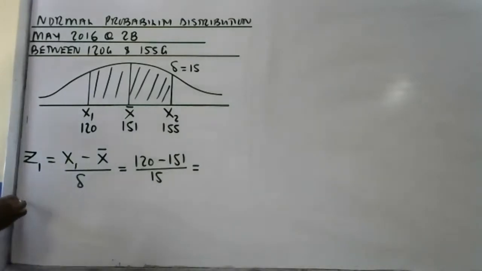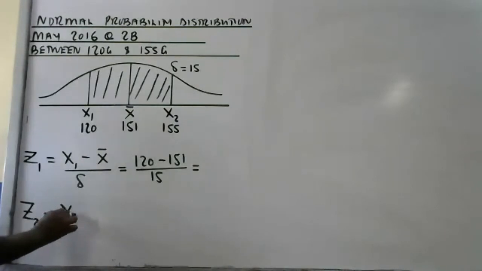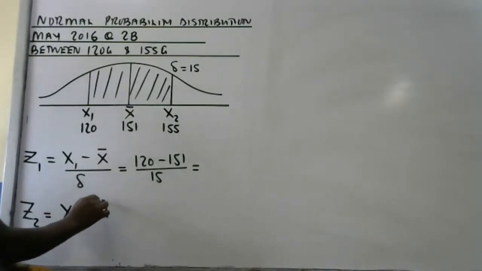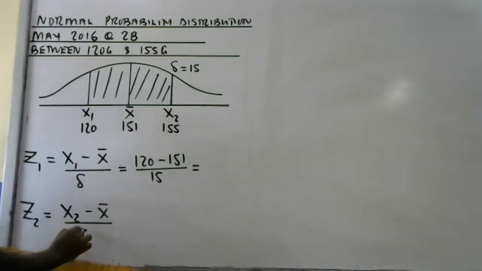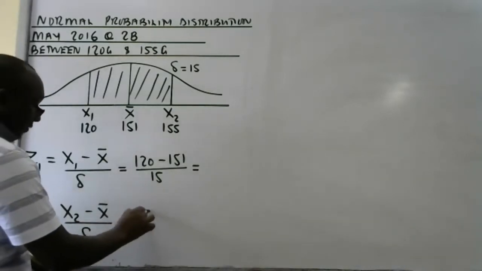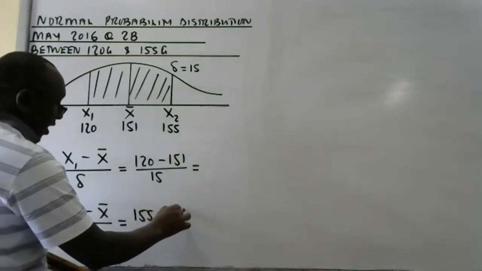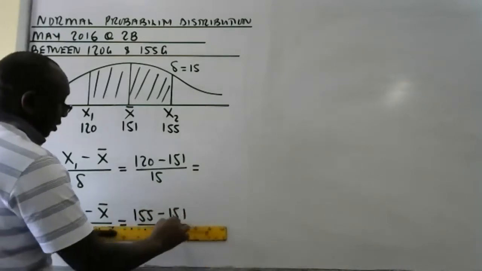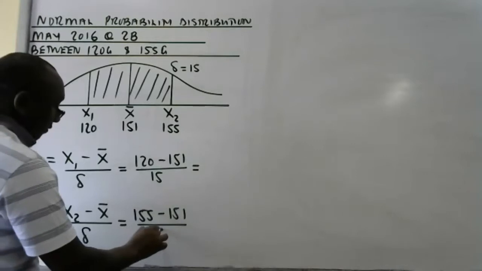And then you look for Z2, which is given as X2 minus X bar, you divide by standard deviation. And this will be 155 minus 151, you divide by 15.